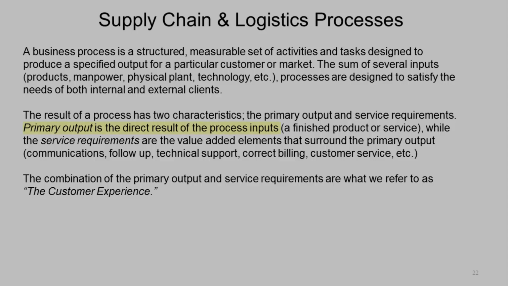The primary output is the direct result of the process inputs, as we said, a finished product, service, or order. While the service requirements are those value-added elements that surround the primary output: communication, follow-up, technical support, getting a correct invoice out with the product, and customer service along the way.